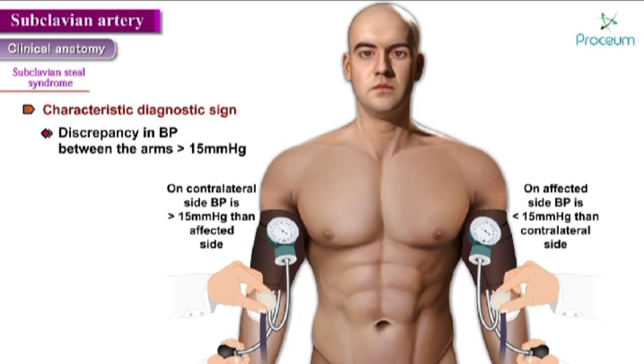The blood pressure in the ipsilateral arm gradually decreases as compared to the contralateral side. On the contralateral side, blood pressure is greater than 15 mm mercury than the affected side. And on the affected side, blood pressure is less than 15 mm mercury than the contralateral side. This is the diagnostic sign of subclavian steal syndrome.